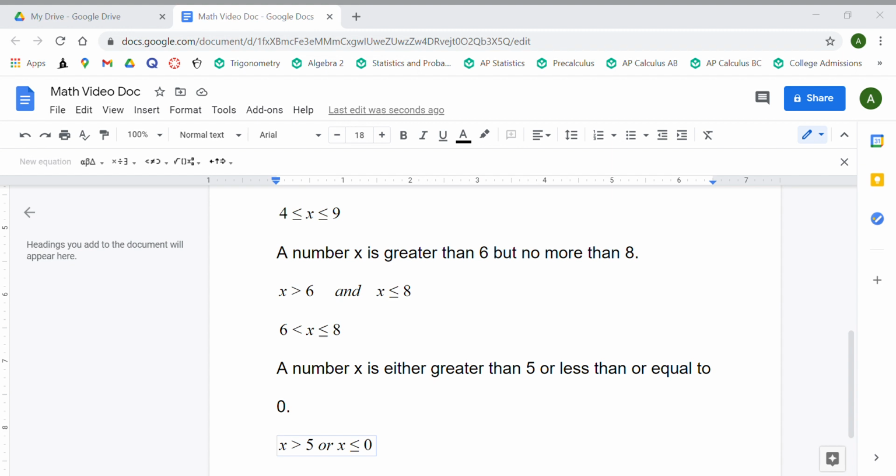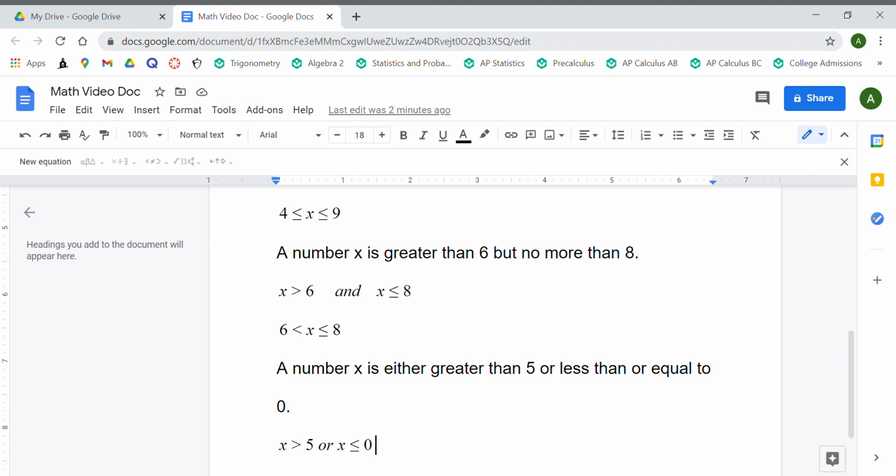Alright, now, what would happen if we actually replaced the OR with AND? Well, I will tell you that the inequality would not make sense at all. You can't have a number that is less than 0 but greater than 5, right?